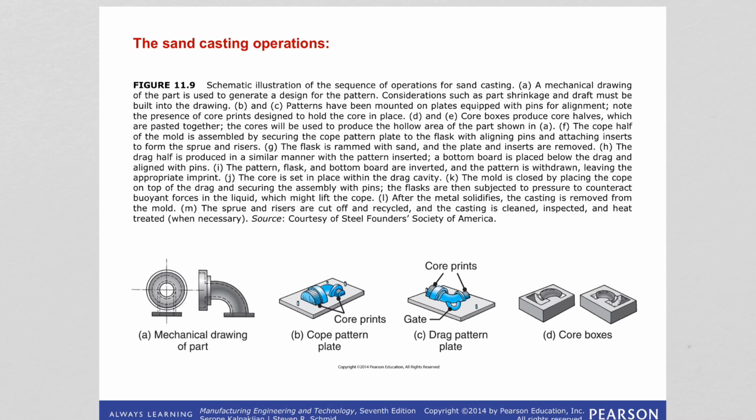And the gate allows the flow of metal to the cavities. So core boxes are producing the core halves, which are going to be pasted together, and the core, remember, will be used to produce the hollow area of the part, right?